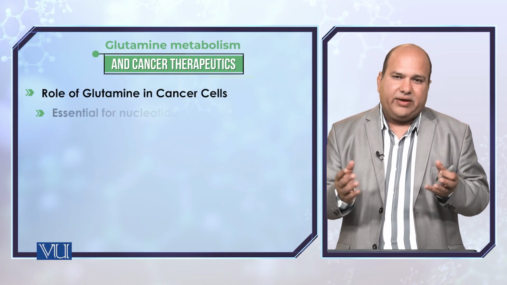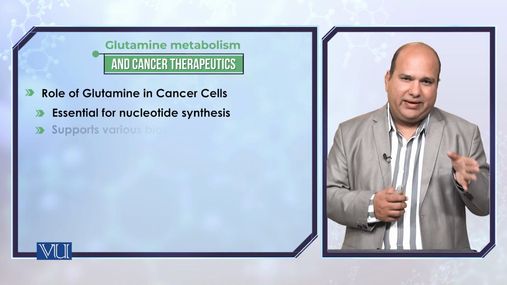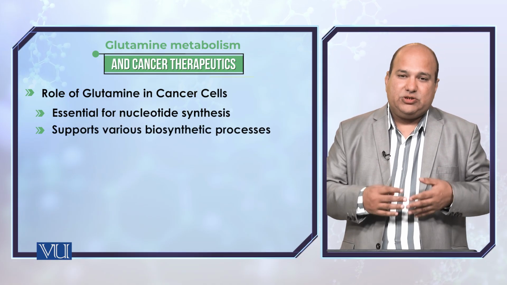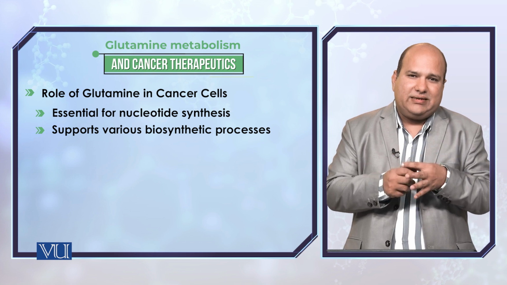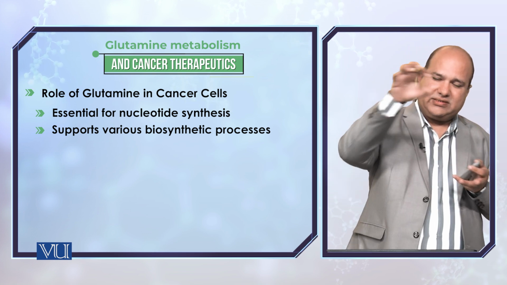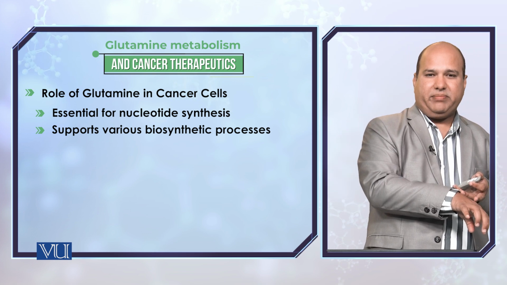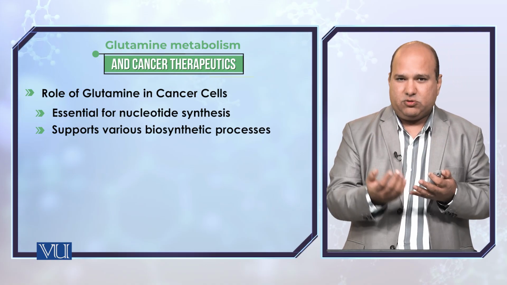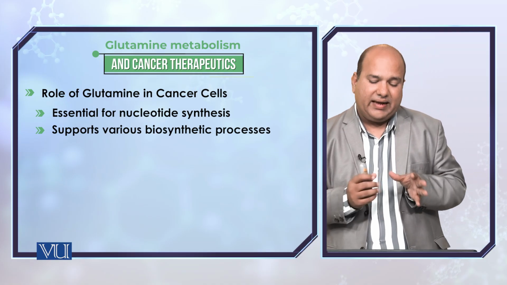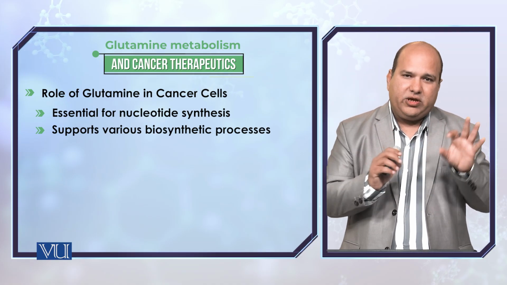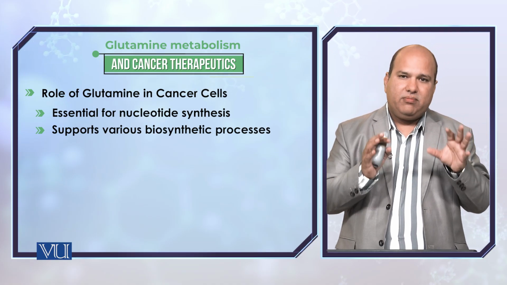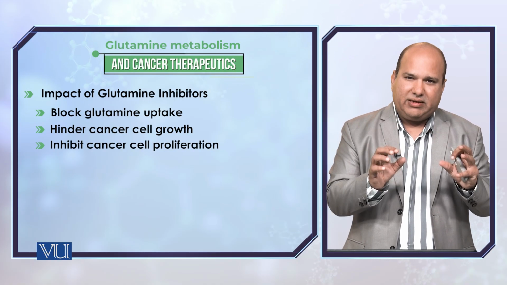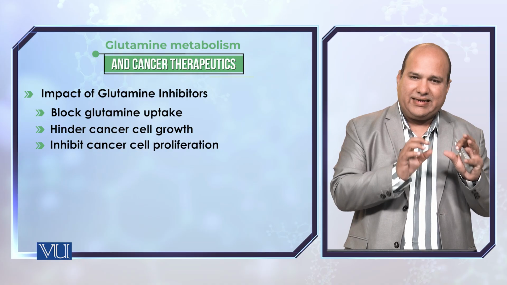Then we have seen that glutamine is a very important metabolite which is targeted and utilized by the cancer cells because it acts as a hub, because of its ability to be converted into glutamate. And that glutamate acts as a hub for the production of many molecules through the Krebs cycle. So if we target glutamine, we will be able to very effectively treat cancer.